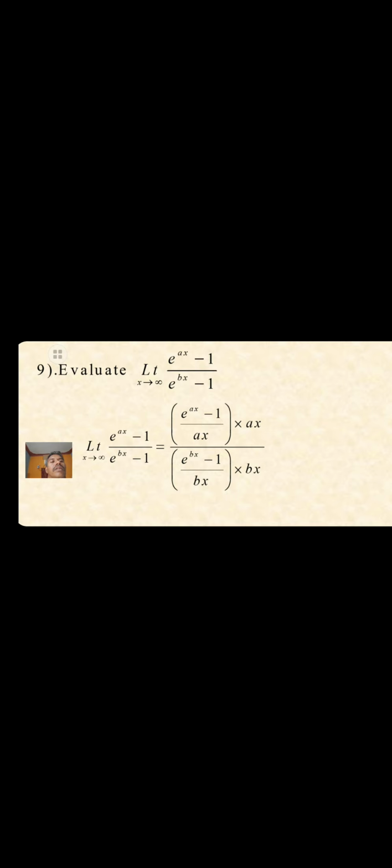Here we are multiplying and dividing with ax. In the same way, to the denominator we are multiplying and dividing with bx, so e power bx minus 1 by bx into bx. Here we have to write the limit also, limit x tends to infinity. We forgot it, or it is not printed, so we have to write it.